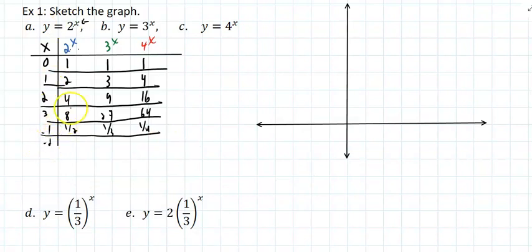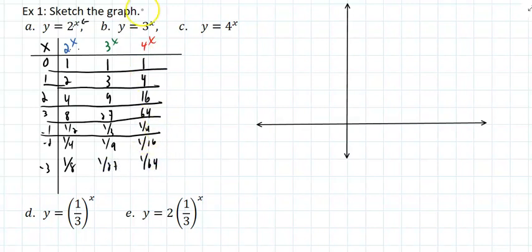So the negative 2 there will make this 1 over 2 squared, which is 1 over 4, 1 over 9, 1 over 16. If I try negative 3, 2 to the negative 3 is 1 over 2 cubed, 1 over 8, 1 over 27, and 1 over 64.